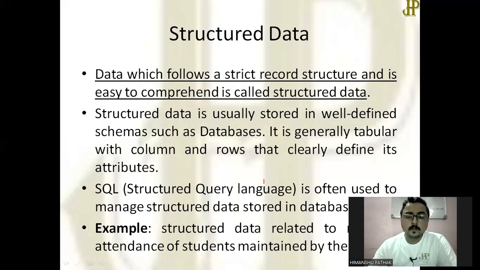Other than this, for computer students, you know very well about SQL, Structured Query Language, which is basically used to manage data in a particular database that can be Oracle, DB2, MySQL, etc. So here I have given an example of structured data related to attendance of a particular student maintained by the teacher.